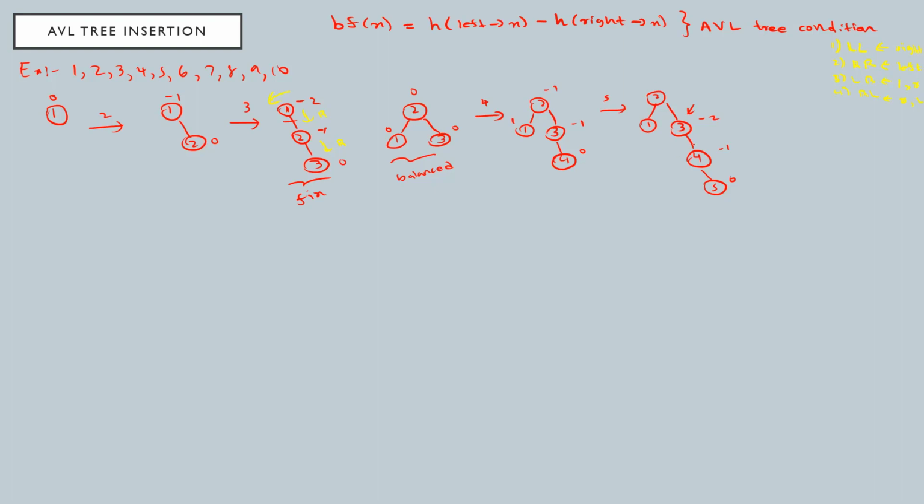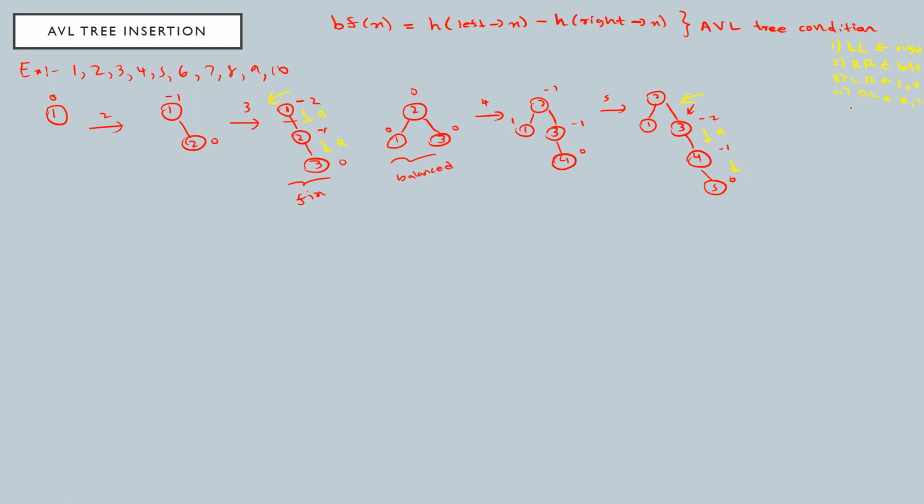So it is not necessary to go to this one. First let me fix this imbalance. Then we can see the other balance factors as well. So again this is the right order. First let's perform a rotation over 3.